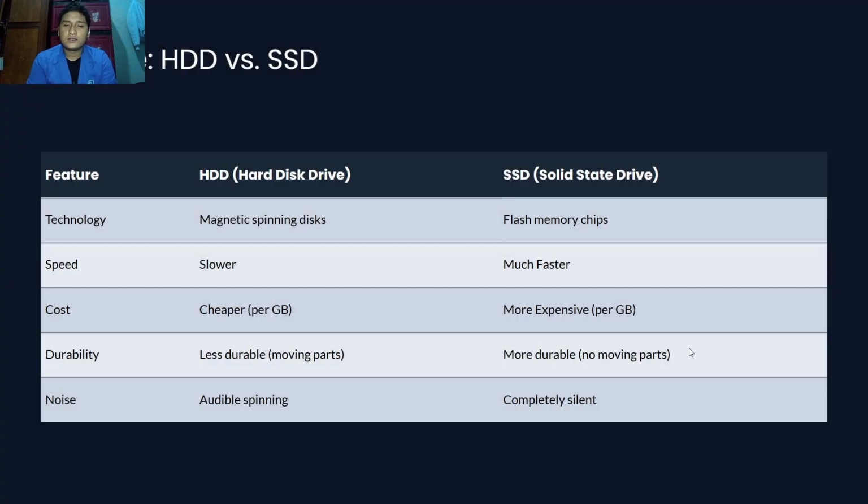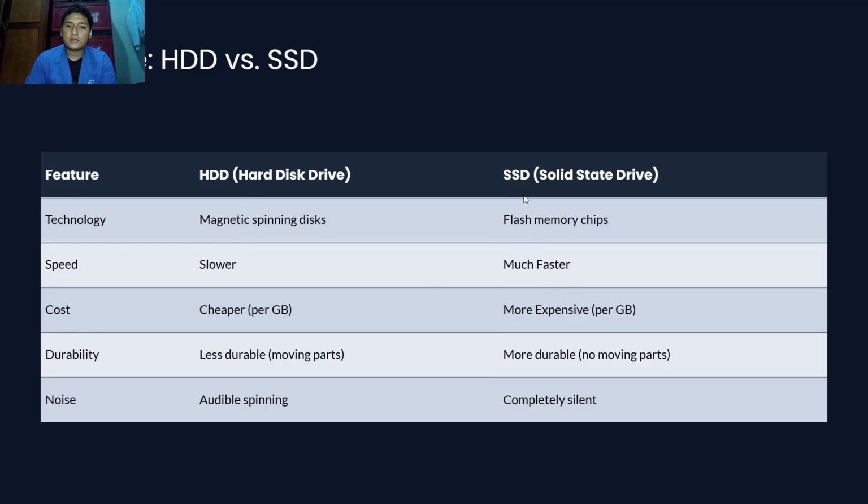Okay, this is the comparison between HDD and SSD. As you can see here, the hard disk drive uses a magnetic spinning disk, and the SSD uses flash memory chips, so they are different technologies. For speed, the SSD is much faster than the HDD.